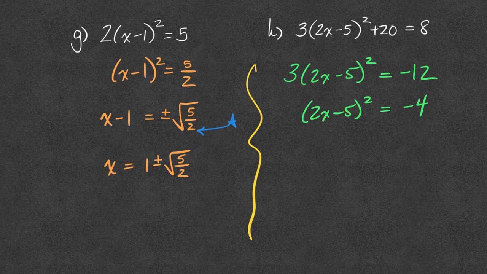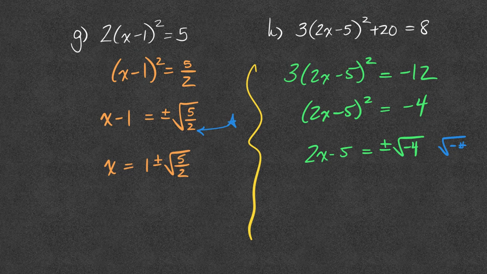And maybe we stop there. Maybe we went to the next line to get rid of the squared, take the square root, and that's where we noticed our problem. That should be screaming at us right now. How could you ever take the square root of a negative number? We can't.